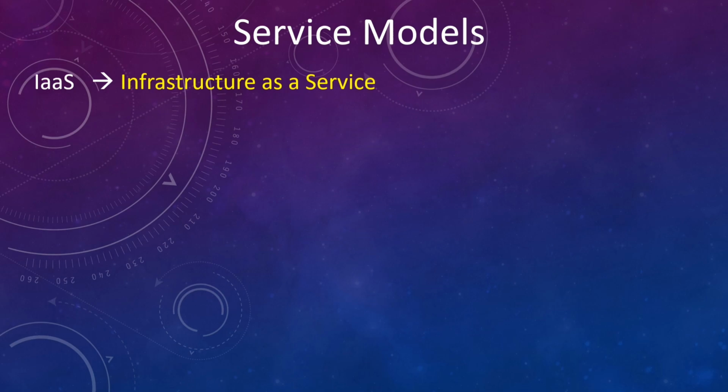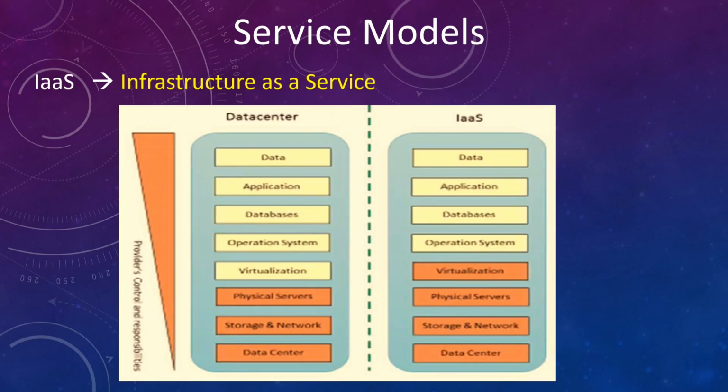First, infrastructure as a service. In the infrastructure as a service model, the cloud service provider will take care of data center, storage and network, physical servers and virtualization related.